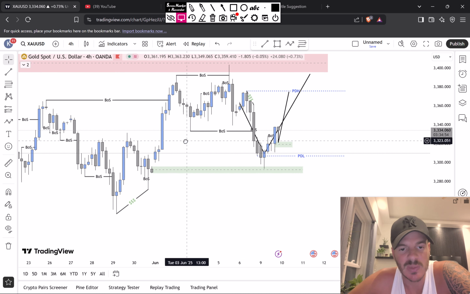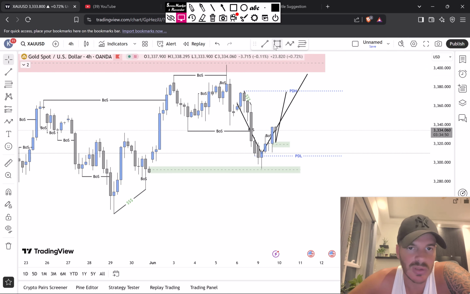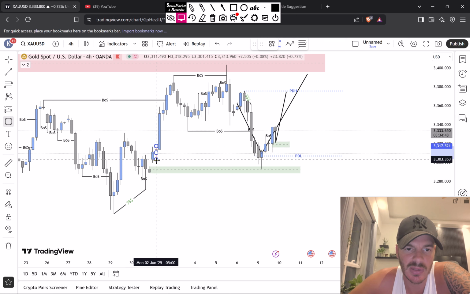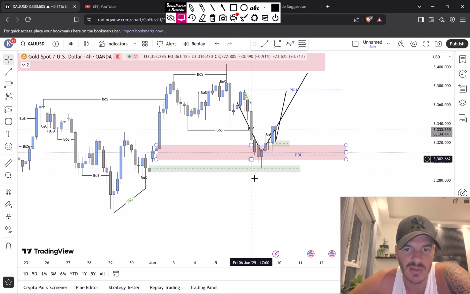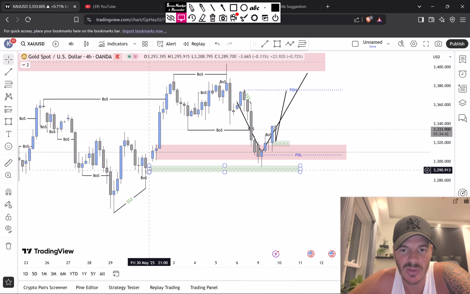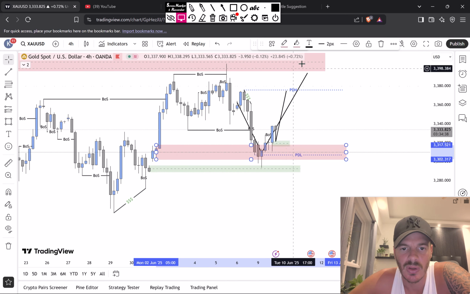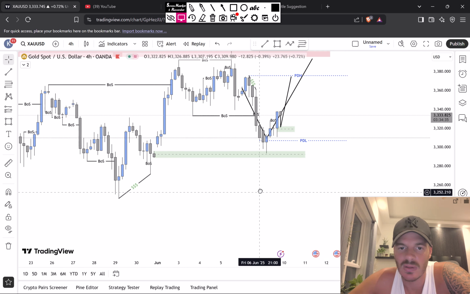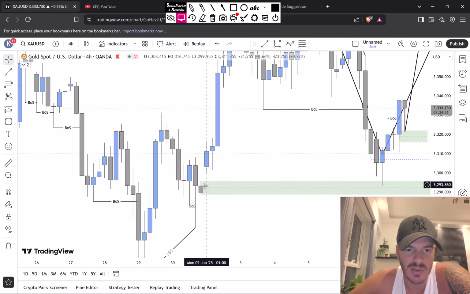I was expecting the market to go to this level over here to hit this significant demand zone, say this area. But what the market did, it went all the way down to the second demand zone, which is the extreme demand zone. And the reason is these two candles over here.